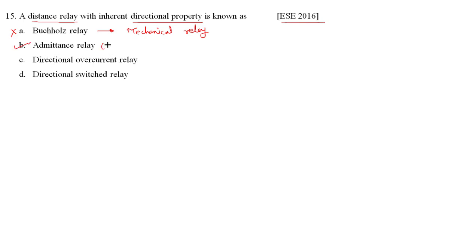The admittance relay, which is also known as Mho relay, possesses the inherent directional property. If we see the characteristic of a Mho relay, it will be like this, a circle passing through the origin, on the R-X plane. If the fault impedance falls inside this circle, the relay is going to trip, and outside this, the relay is going to restrain.